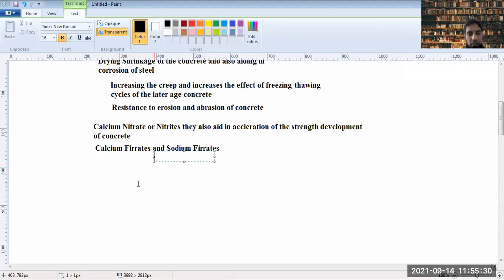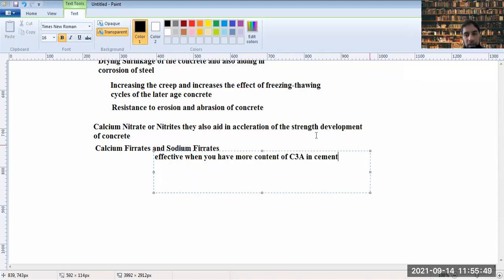Now these calcium ferrates and sodium ferrates are effective when you have more content of C3A in cement. So these are effective with respect to that. Then there is triethanolamine.